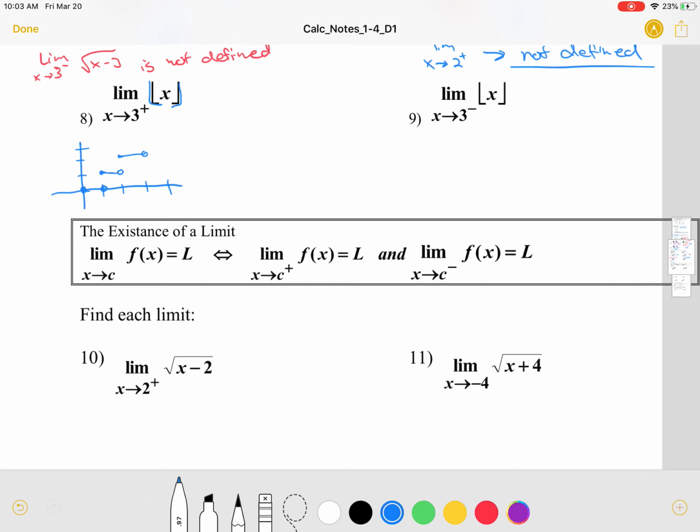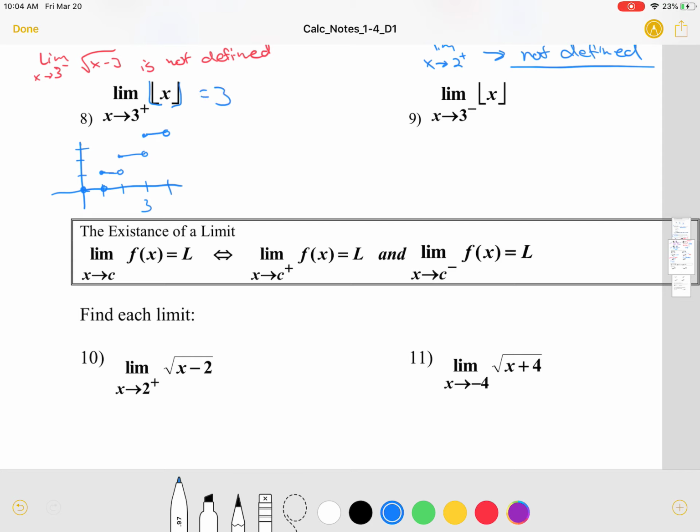If we come out to 3, 1, 2, 3, and look at the approach from the positive side, we get a 3. We're just looking at it from the positive side, so we're going to get a 3.